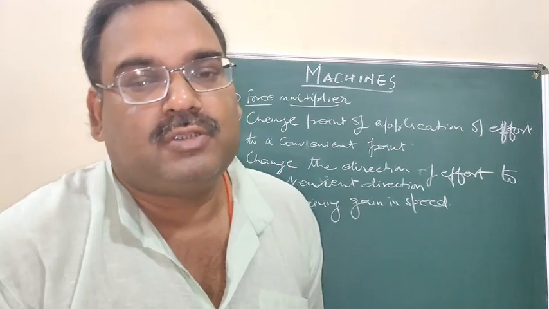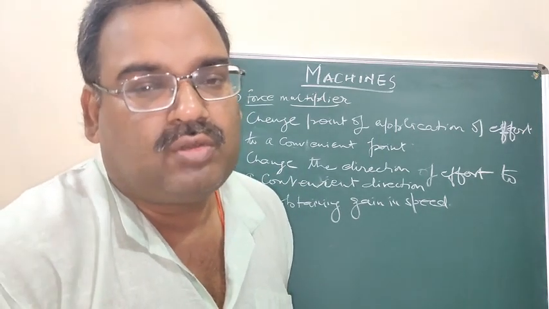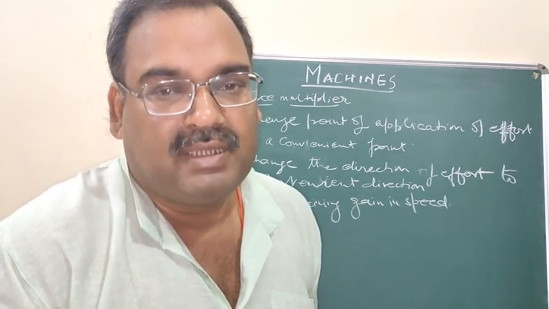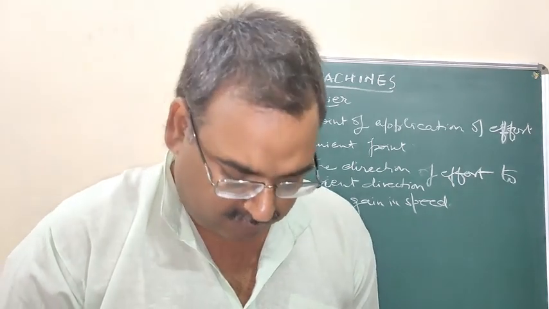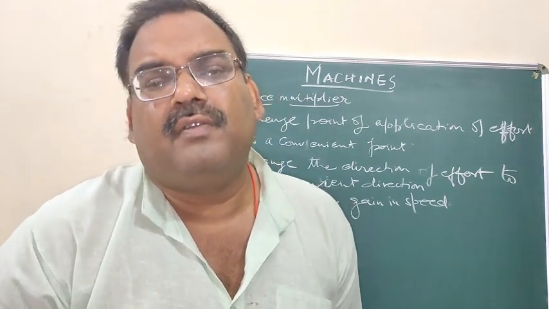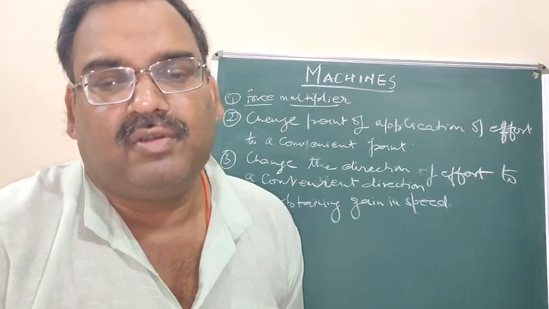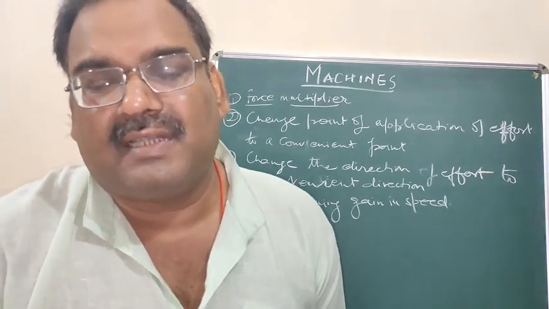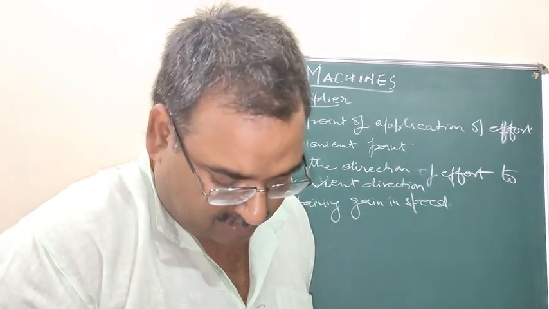So that is an example where the effort applied is smaller and the load lifted is bigger. So it is acting as a force multiplier. Similarly, to carry load, we use a wheelbarrow. A wheelbarrow is acting as a force multiplier.